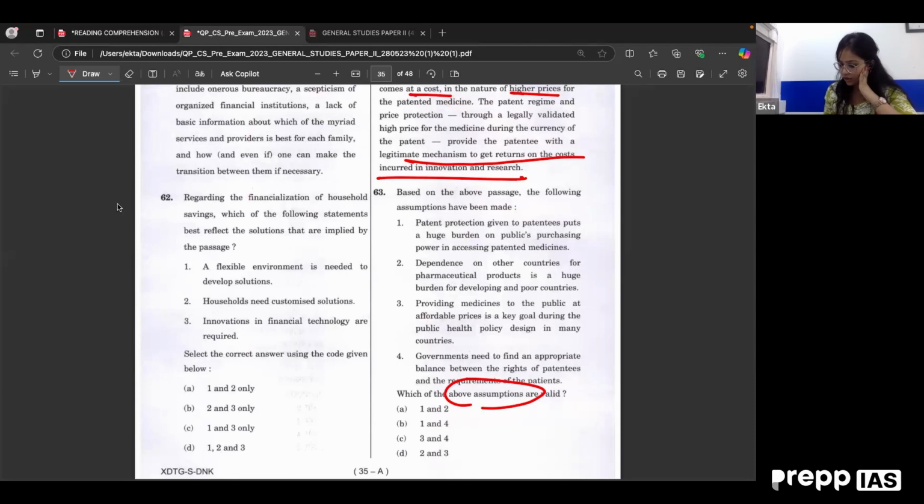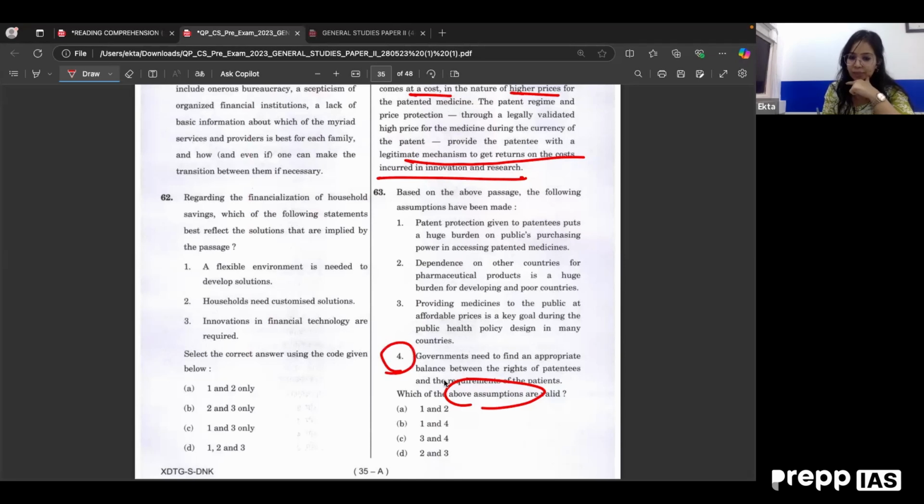Okay, I've got the answers. Okay, let's solve this question. Let's start with statement number 4.